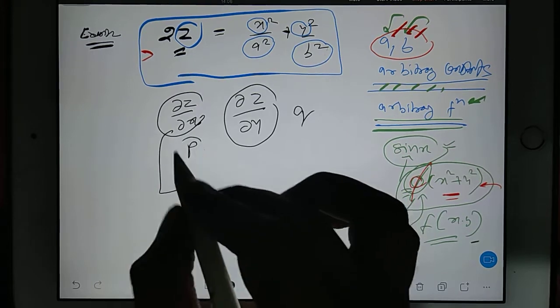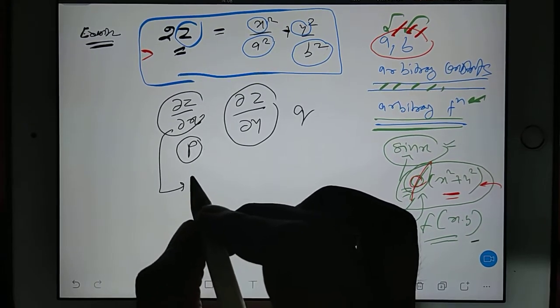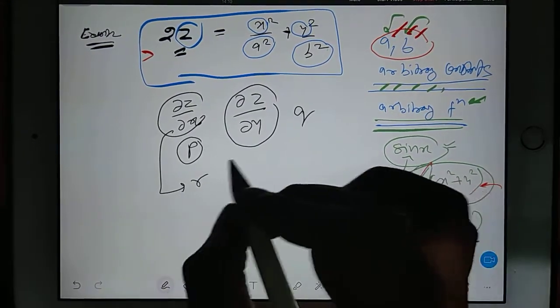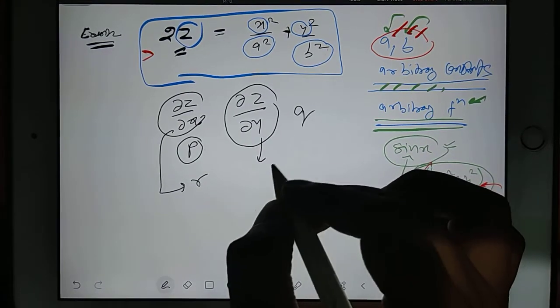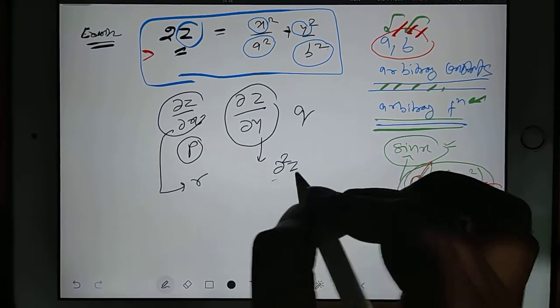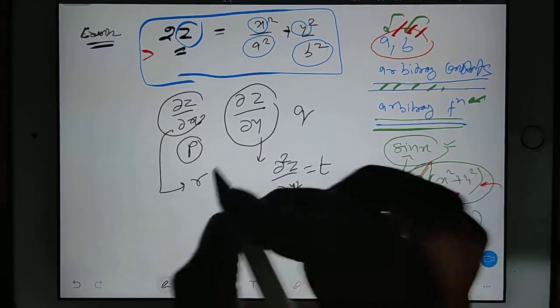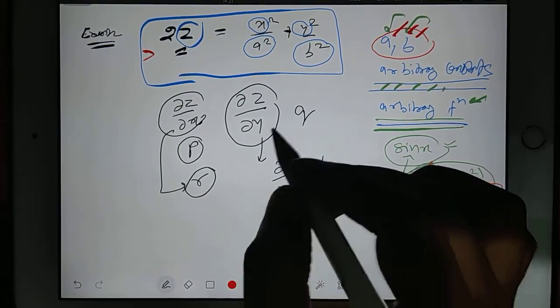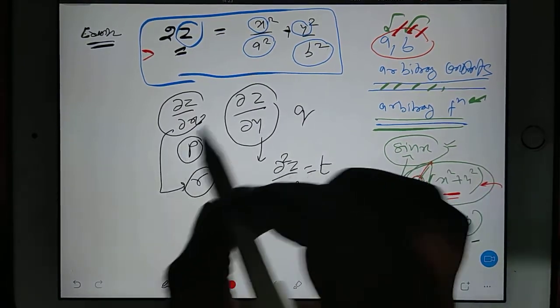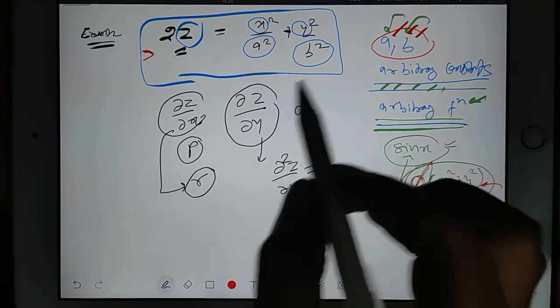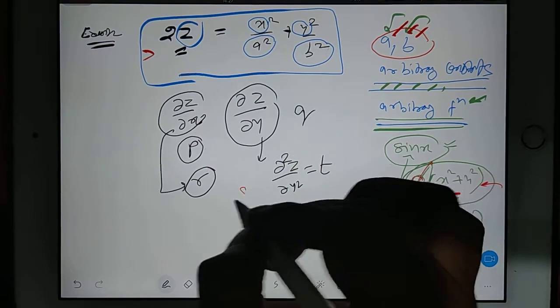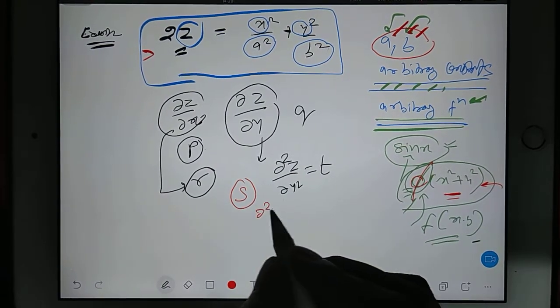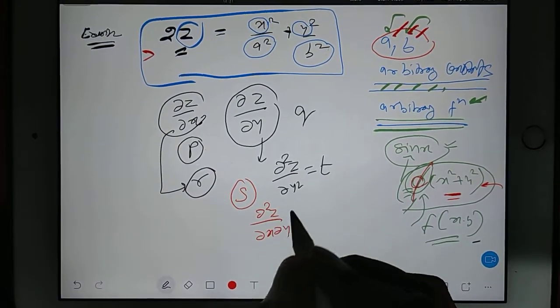If you differentiate this, it will be r. And if you differentiate one more time, dou 2z by dou y square, it will be t. I gave you a trick when I was teaching this part: PR quit, this trick I gave you. And s is separate. S means dou 2z by dou x dou y.